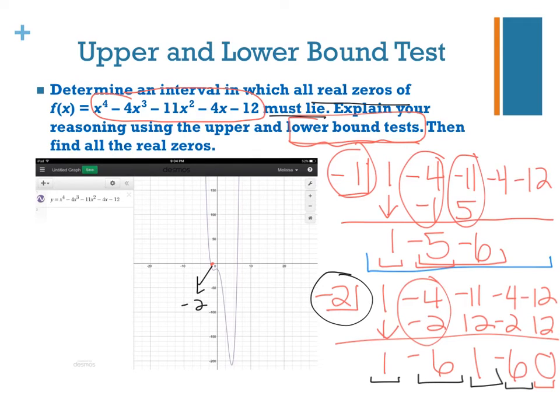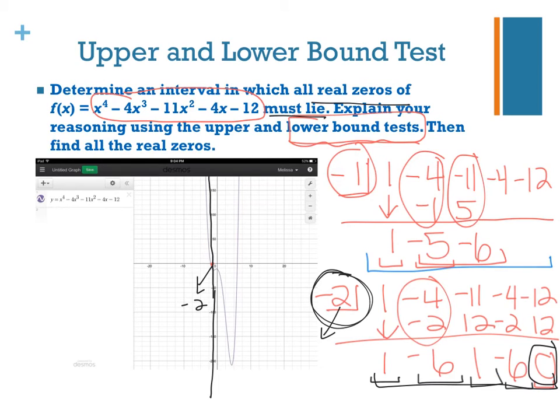If I started my interval at -2, like on my graphing calculator, if my window starts at -2, we're never really going to see that 0 because it's going to be right on the edge of the viewing window. So even though I think this could be my lower bound because it meets the rule, if this last number is 0, then you decrease this by 1 more integer.